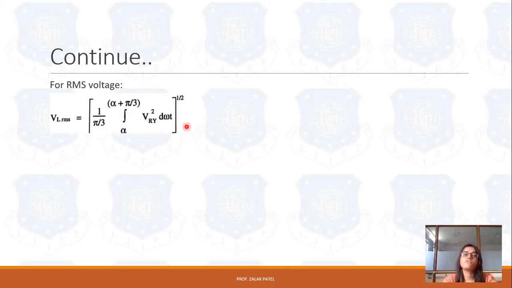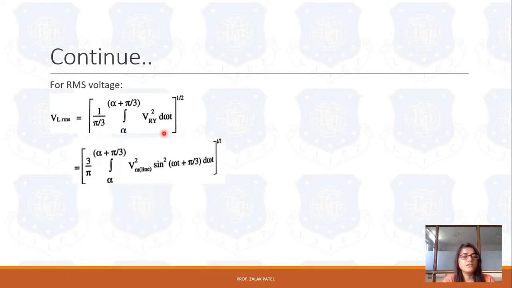Now again, instead of Vry, we write the equation for line voltage, because Vry is a phase voltage, so we write it in terms of line voltage like this: 3 upon pi as it is, from alpha to alpha plus pi by 3 Vm square sin square omega t plus pi by 3 d omega t.